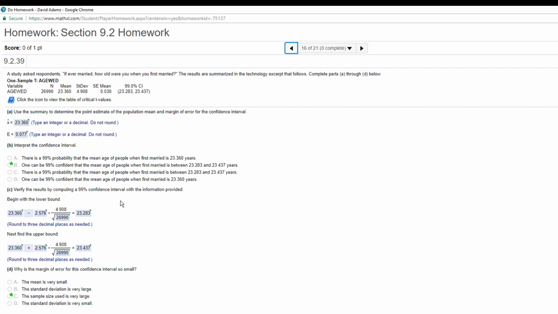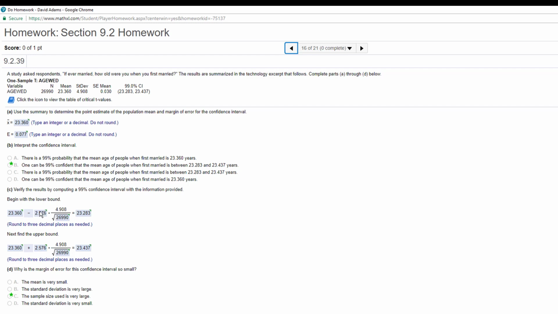They're constructing the confidence intervals by hand. All right, and so the 23.360 that you see in the top and the bottom here in part C, that is the X bar, which you see up in the top. See, right there, X bar 23.360. Now, this margin of error that you're seeing as 0.077, they're computing it down here, right, by hand. And so you have something called T alpha over 2.